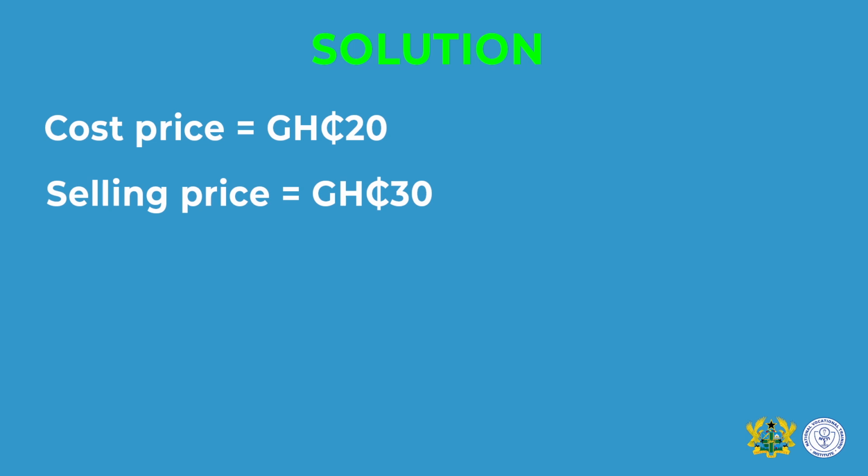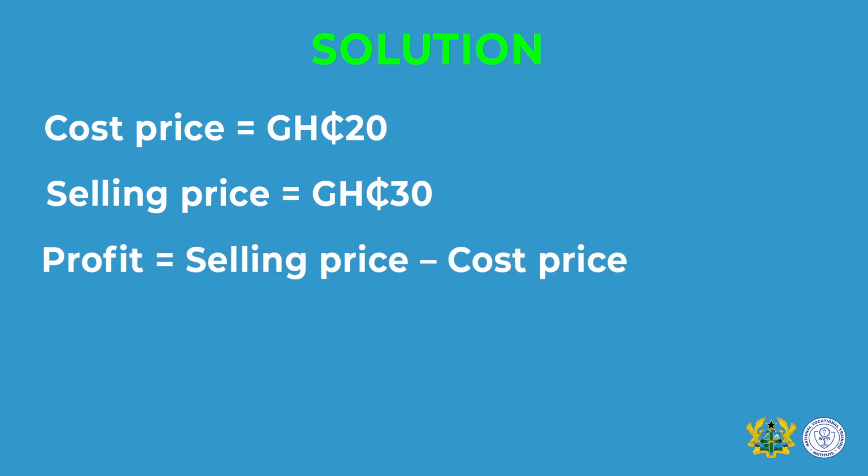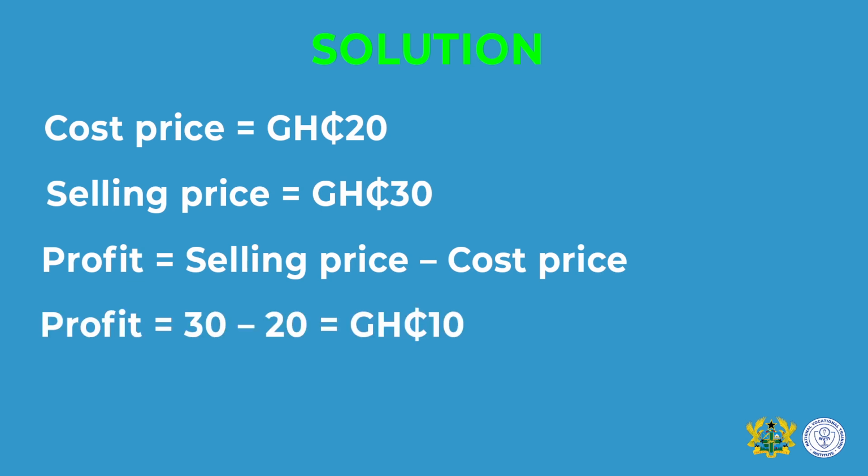As can be seen on the screen, the cost price is equal to 20, selling price 30 Ghana cedis, and with the help of the profit formula, that is selling price minus cost price, by substitution, that will give us 30 minus 20. The 30 is the selling price, the cost price is 20 Ghana cedis, and that will give us 10 Ghana cedis as her profit. But that is not what we are to calculate.